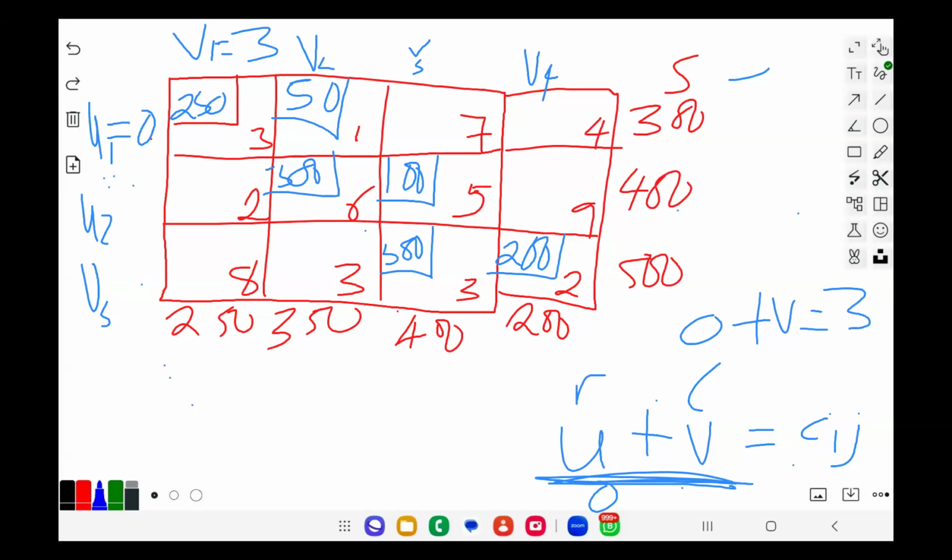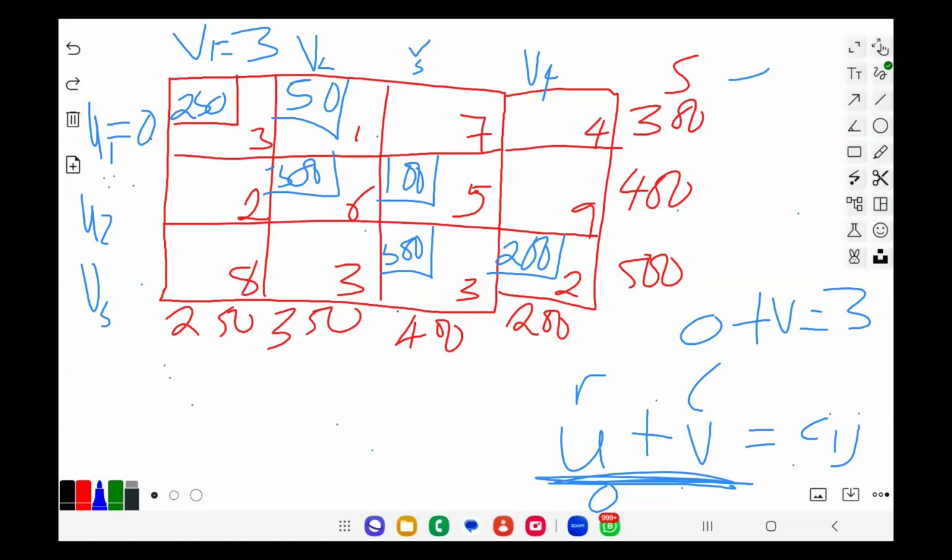Then we go to the next allocated cell. We deal with allocated cells first of all. Cij is basically the number that is in that allocated cell. Then when you go to the next allocated cell, it is this one where there is 50.